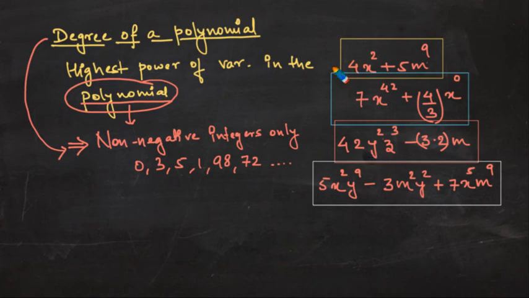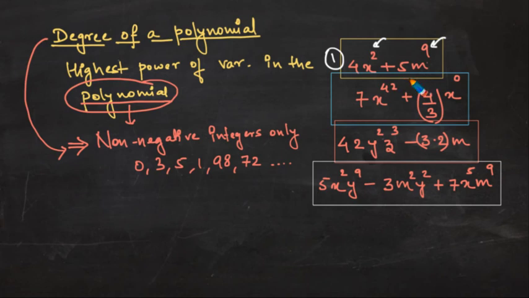For example, in the first one, what would be the degree here? I would like you to pause the video, try these 4 questions on your own, and then let's discuss the solution together. So for the first question, we have 4x square plus 5 times m to the power 9. Here the exponent of x is 2, and here the exponent of m is 9.